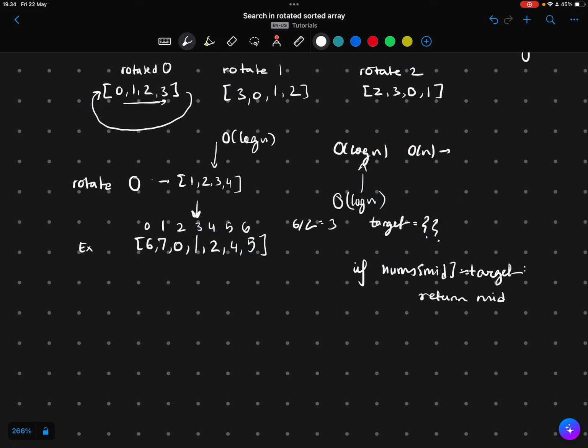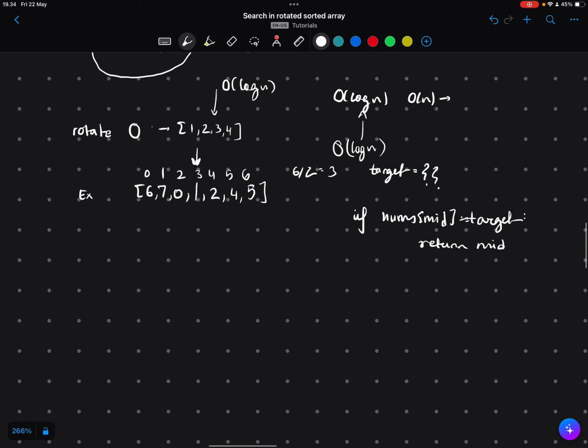But now I'm going to talk about the cases in which we will need more than one iteration of binary search. So 6, 7, and 0, and 1, 2, 4, and 5. How would we go about this question? Let's split the array into the two halves that we would usually with binary search.